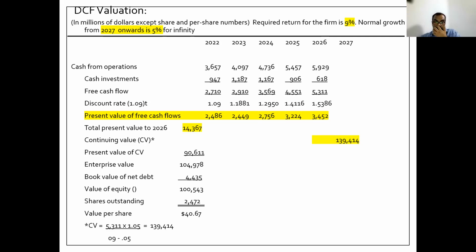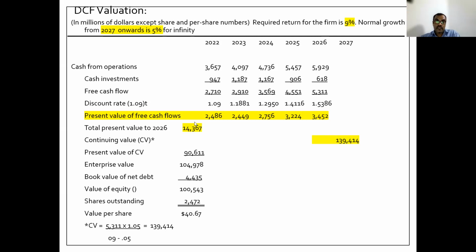In other words, this continuing value of 139,414 is a cash flow; I can interpret it in that way. Net cash flow generated at the end of 2026. 1, 2, 3, 4, 5.